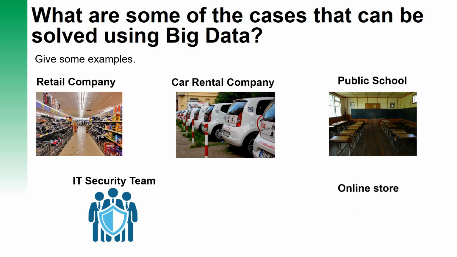The next use case is an online store. An online store can be, for example, Amazon or Walmart or Best Buy. What this online store will do is use the traffic to determine the peak time for posting ads or giving some offers, giving some discounts, or reducing the price.